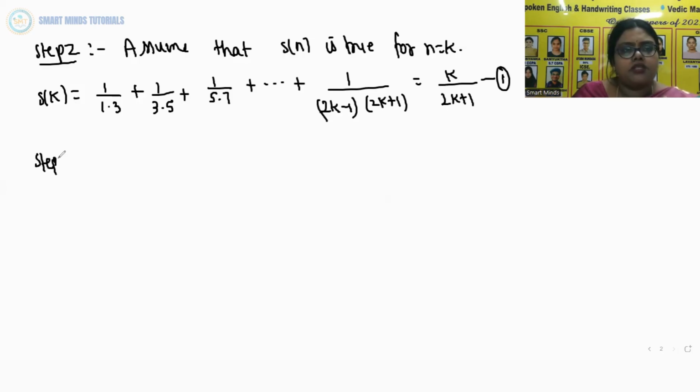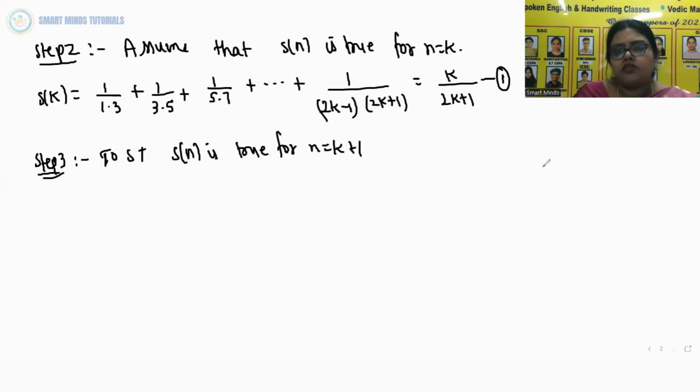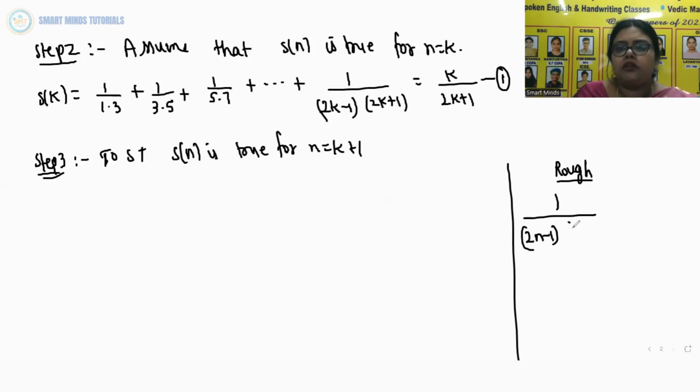Now moving on to step 3. In step 3, we need to show that S of n is true for n is equal to k plus 1. So what do we have to do? Take the rough column. Now write the nth term. Nth term is 1 by 2n minus 1 into 2n plus 1. Now wherever you have n, you put k plus 1.